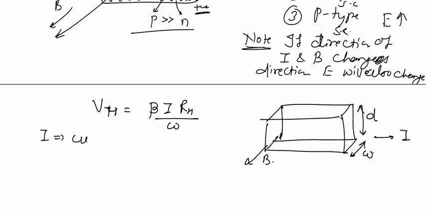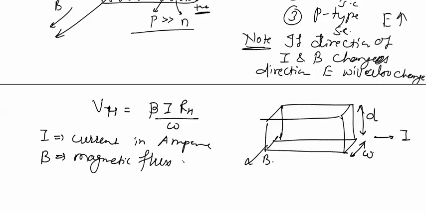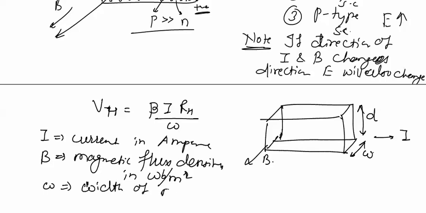I is current in amperes, B magnetic flux density in Weber per meter square or Tesla, and W is width of material.